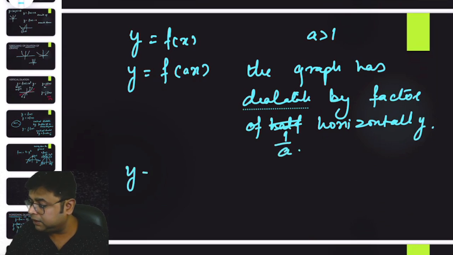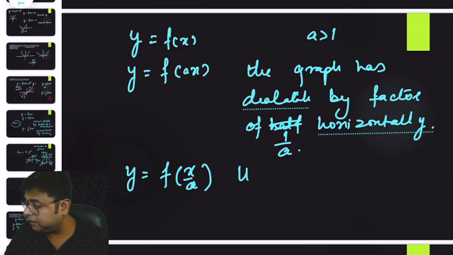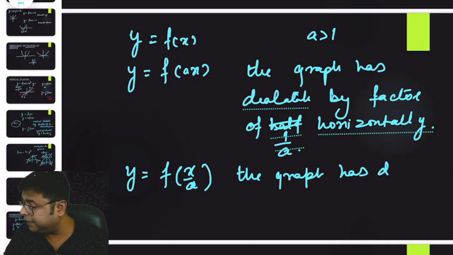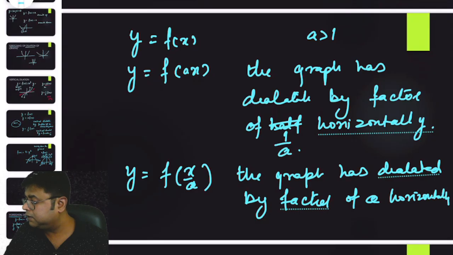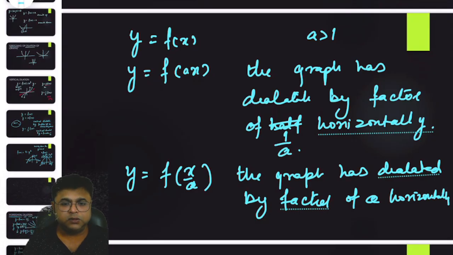And for y = f(x/a), the graph has dilated or stretched by a factor of a horizontally. This is how we look at the dilation of a graph. I hope you understood this pretty well.